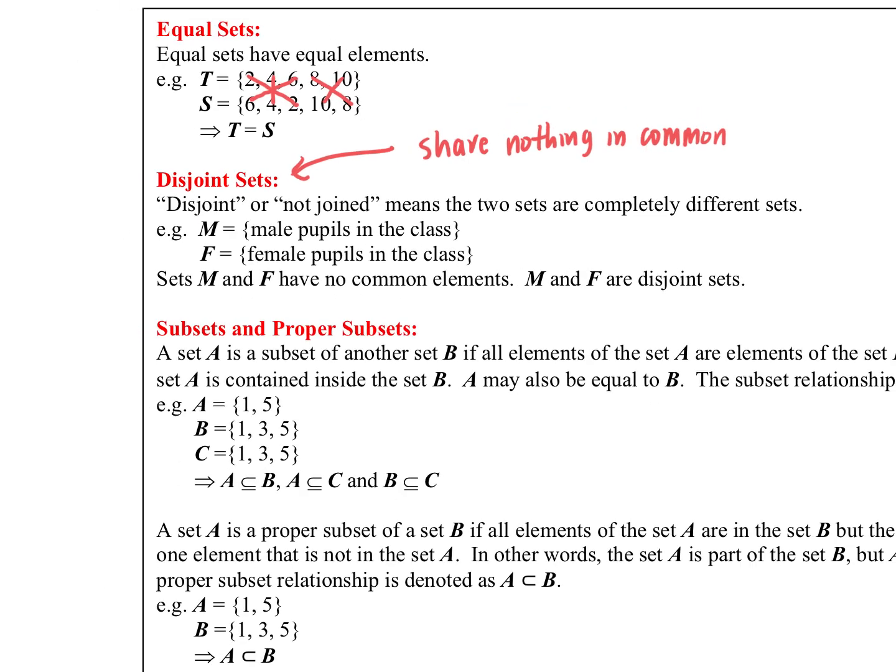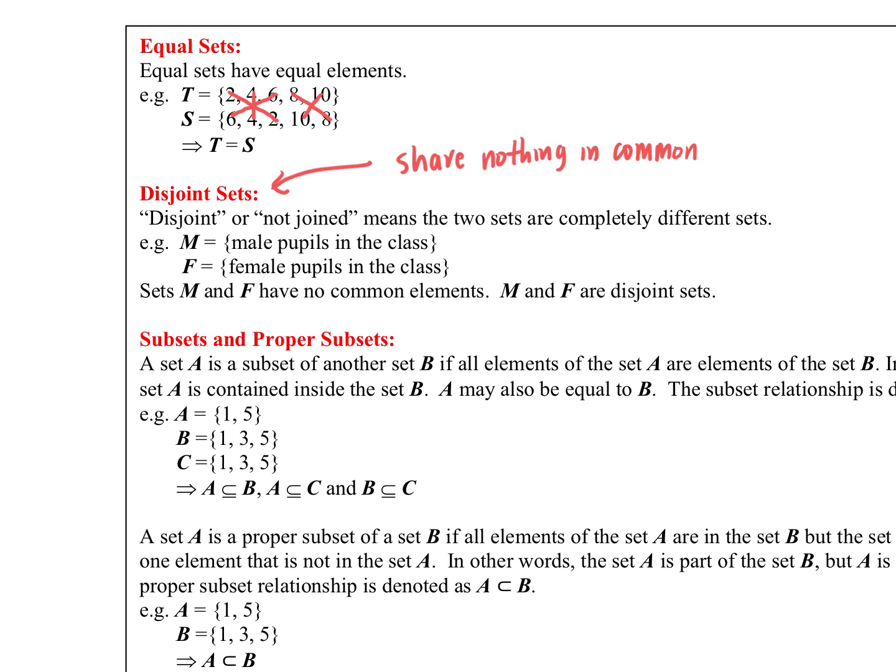Next is subset and proper subset. I want you to see subset and proper subset like the inequality sign. If I say it is a subset, it means it can be less than or equal to. If I say it's a proper subset, it must be strictly smaller.